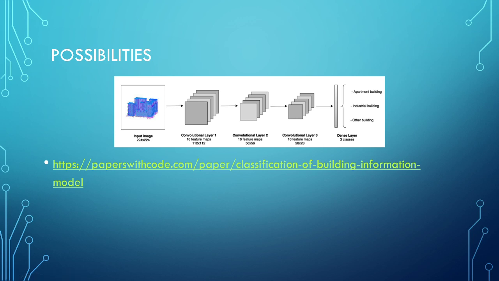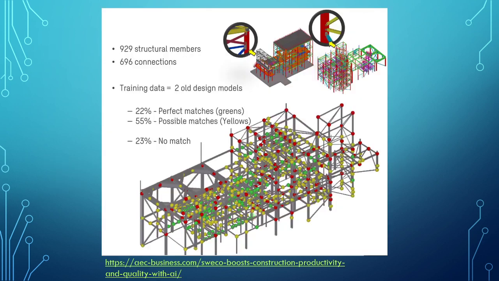It's kind of like the first step into moving in the direction of automatically creating a model. This is a really nice article. It's about structural connections. So what it did was it learned from the previous models.